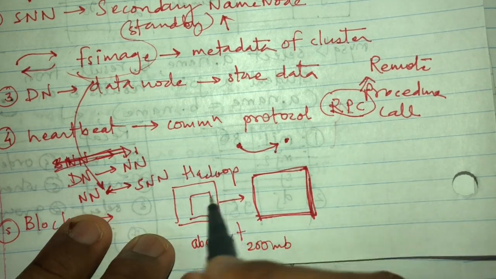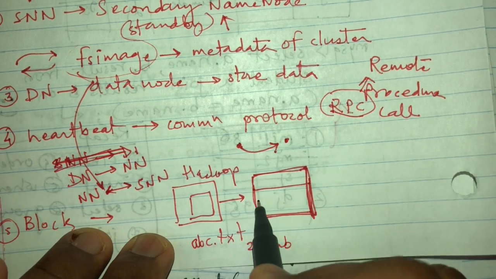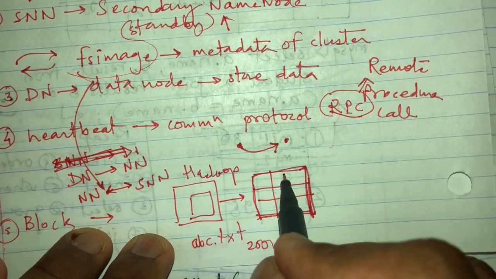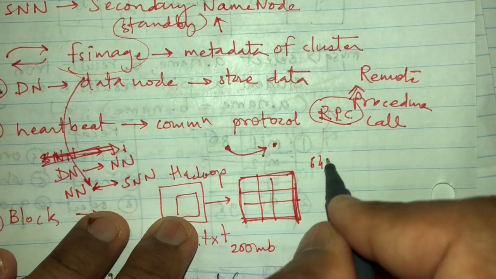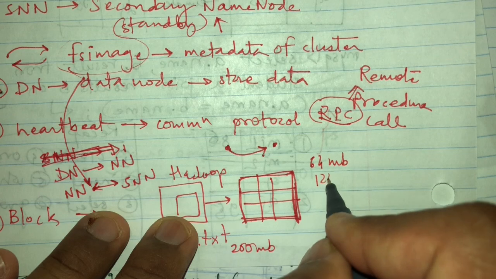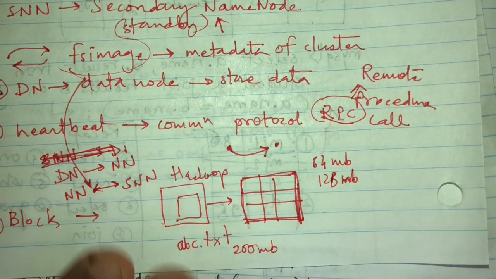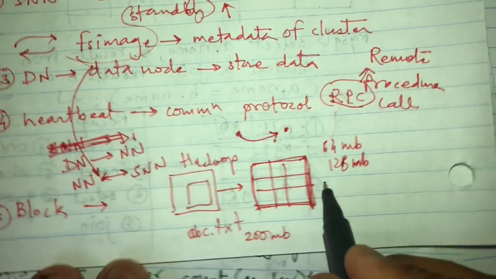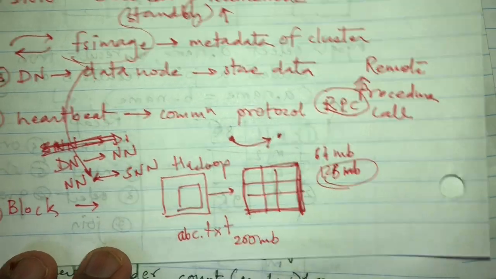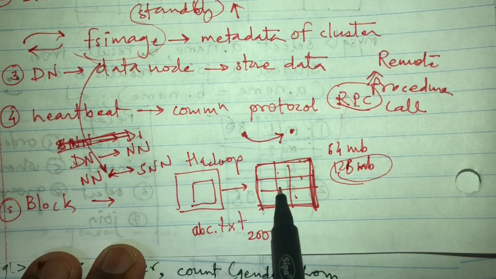So the way this file gets stored in HDFS is, first of all, HDFS has these logical partitions. The size of each partition is either 64 MB or 128 MB depending upon the installation flavor that you have. So we will go with 128 MB because that's the latest one. So each block is worth 128 MB here.